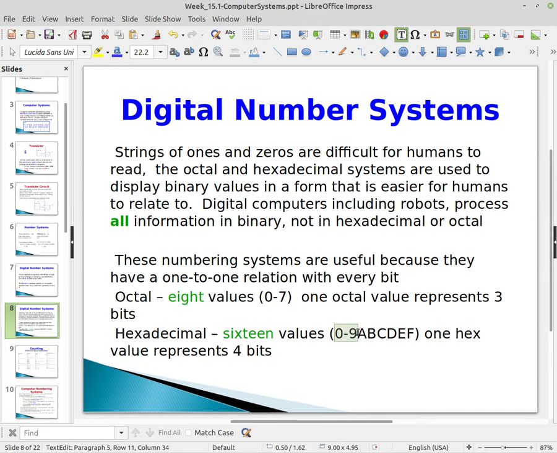So the hexadecimal system uses 16 unique symbols, 0 through 9 or A through F. Any of those are a valid digit in a hexadecimal number.